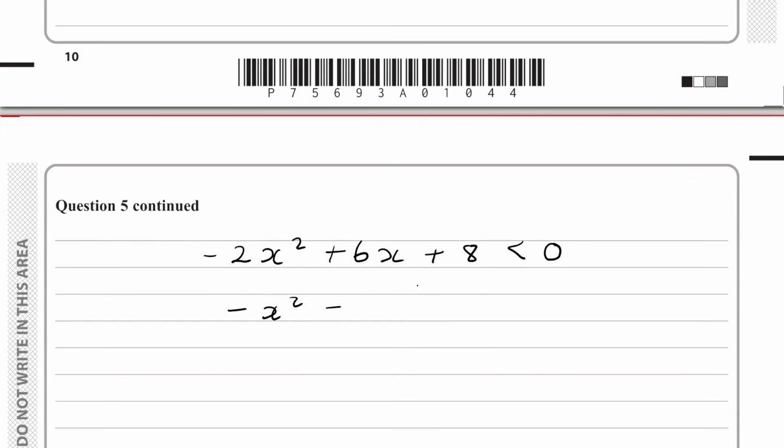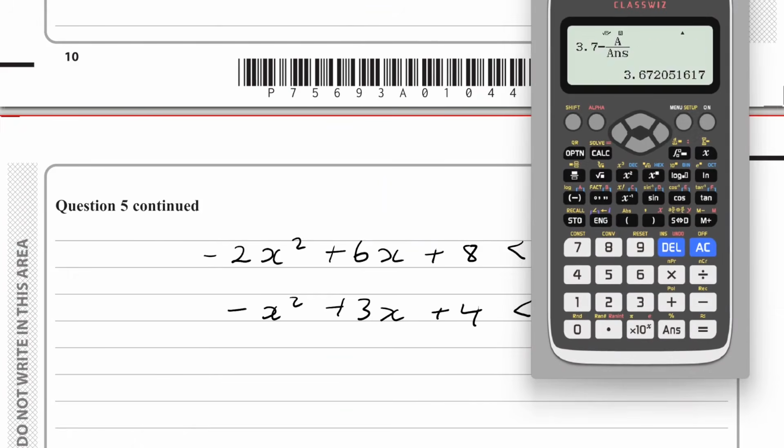We can half every term, but the calculator will actually do the work here. The calculator will solve this for us. Go to inequality, polynomial degree 2. It's the one that's less than 0.